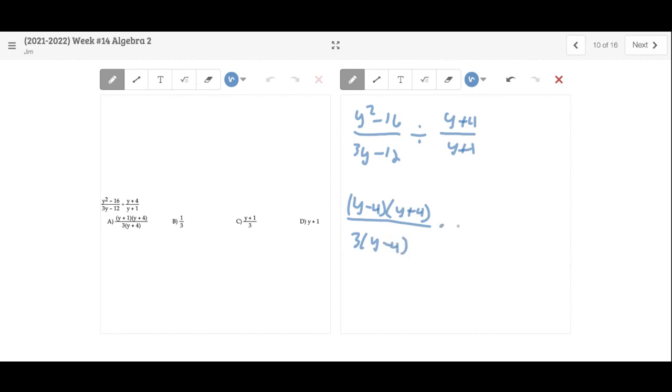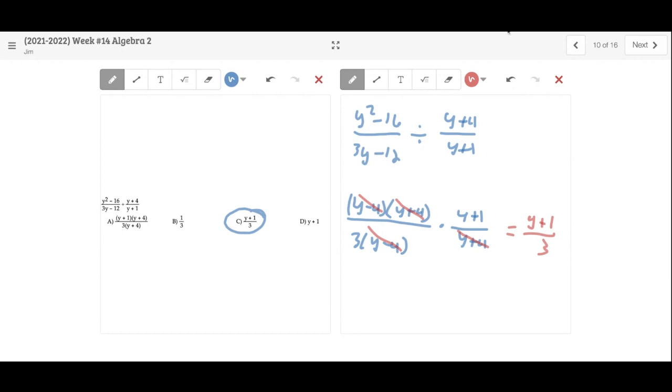Then I'm going to flip this, which gives me a y plus 1 on top and a y plus 4 on the bottom. So I factored, I flipped, and now I cross off y plus 4, y plus 4, y minus 4, y minus 4. I'm left with y plus 1 over 3. And that is letter C.